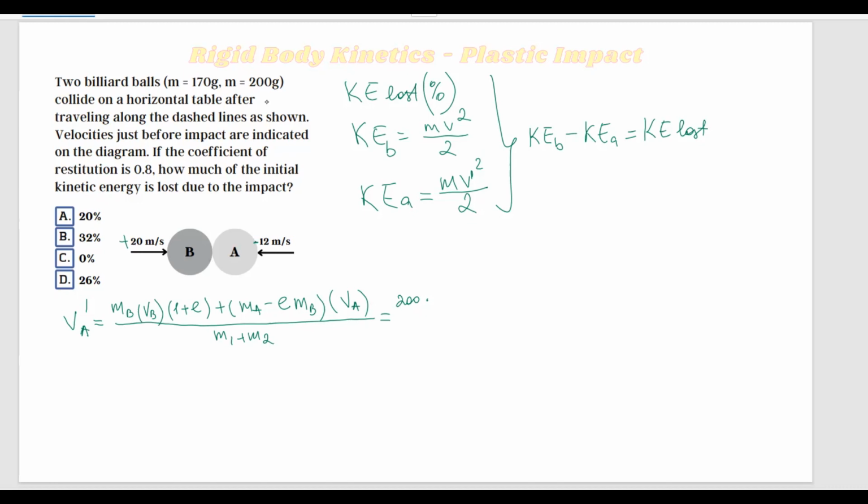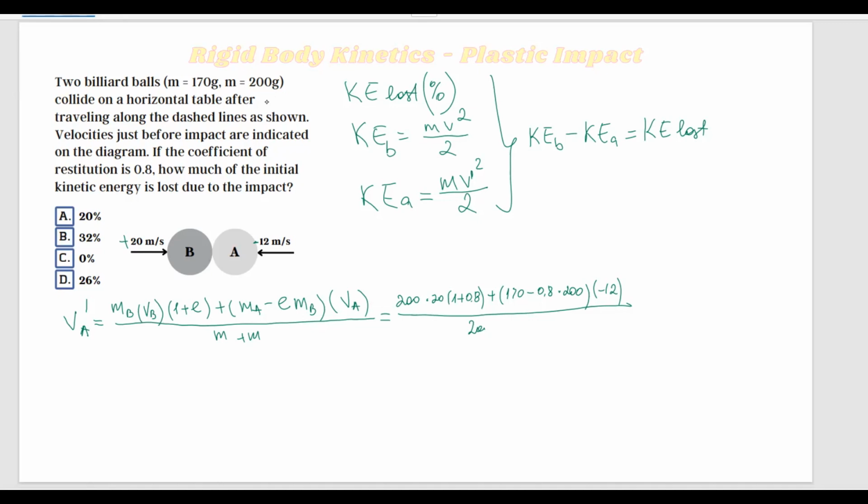So VB is positive, we're going to multiply by 20, and then multiply by 1 plus 0.8, the coefficient of restitution, plus MA, which is 170 grams, minus 0.8 multiplied by MB, which is 200, and multiplied by VA, which is minus 12. All divided by 200.